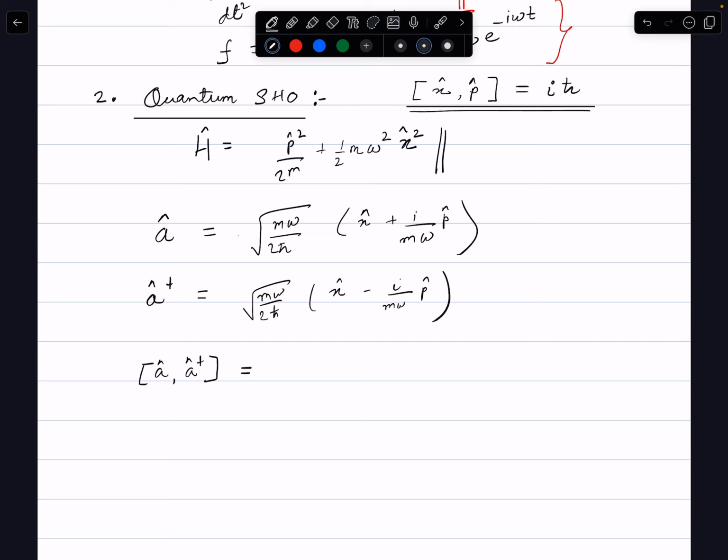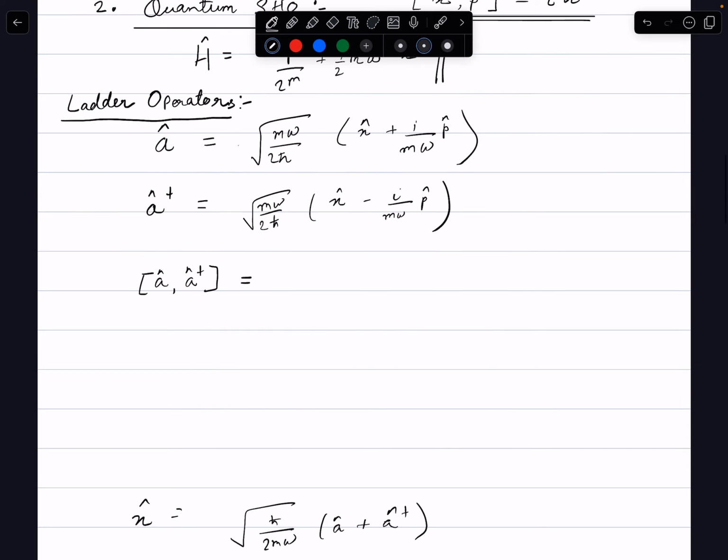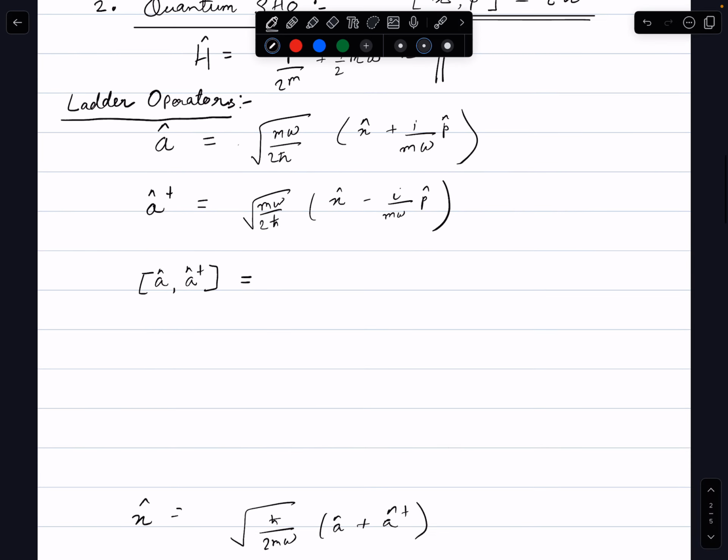Now the simple way of solving the quantum harmonic oscillator is introducing these operators, which are called the ladder operators in quantum mechanics, and the creation and annihilation operators when we study quantum field theory. We introduce these two operators because they are very useful, as we will see.